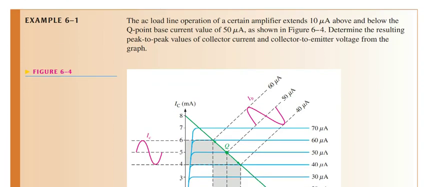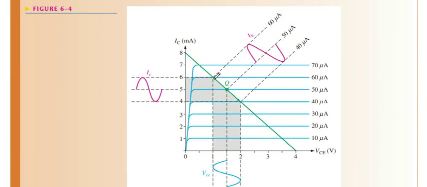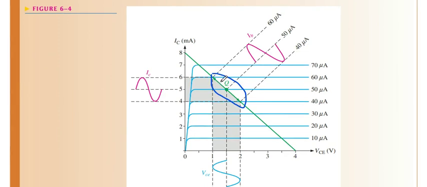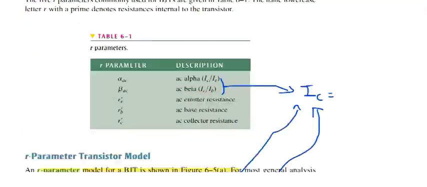Let's discuss this in this example. We go back. As the input signal is smaller, this point is also smaller, like in this form. Then the Q point is not stable, so we do not use a high value of RS.